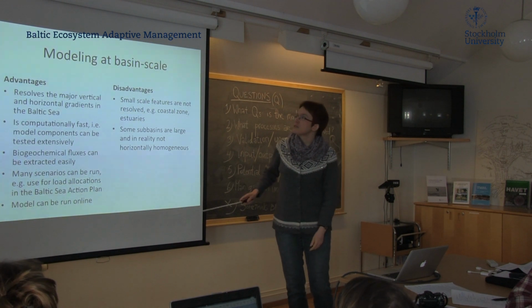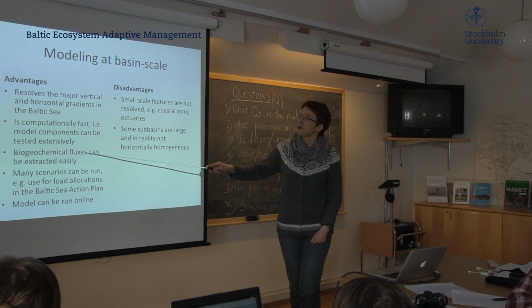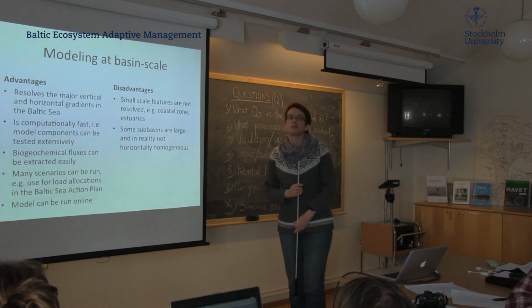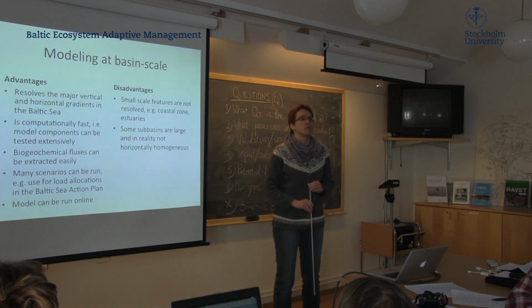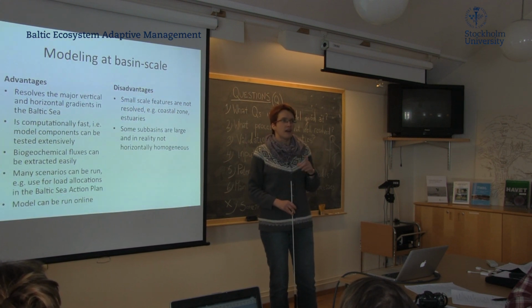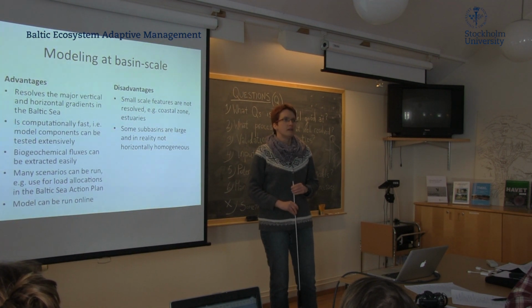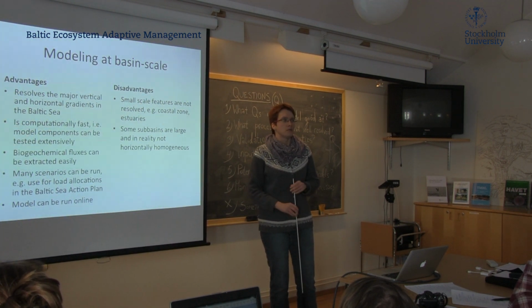And then another advantage that this approach has is that you can extract information relatively easily. For example, if you're interested in a biogeochemical flux, if you want to have a rate, then you just add 2 or 3 lines in your model code, you rerun it, and you have your tailor-made output.